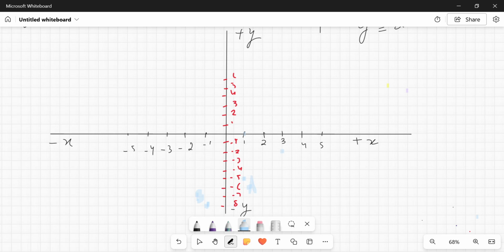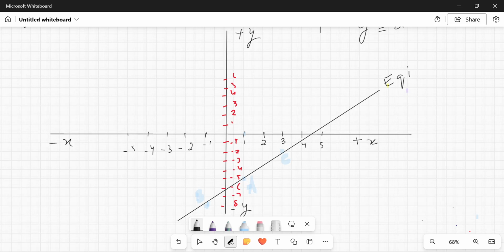This is -2 and I'm writing C here. Now join it, right? And it should be a linear line. Hopefully, yes, right?